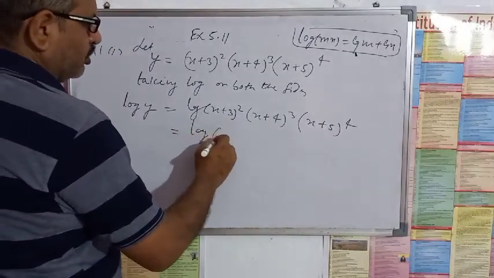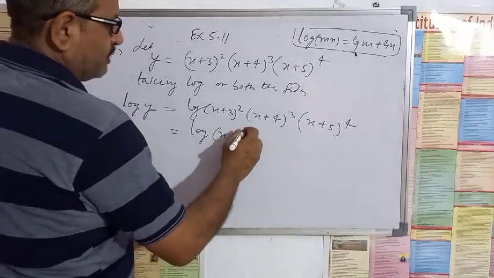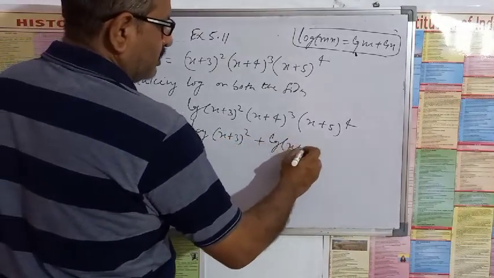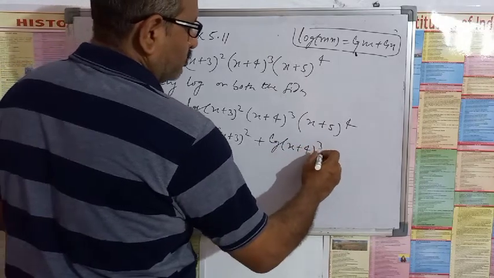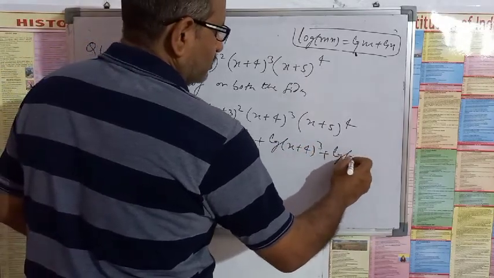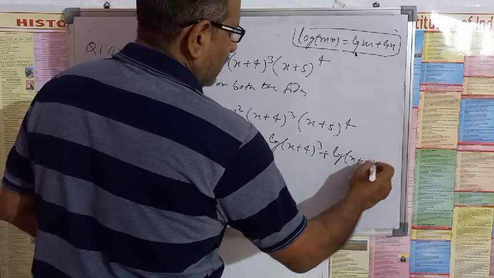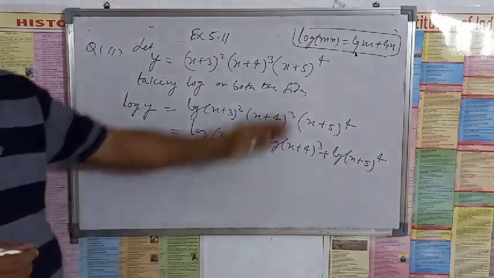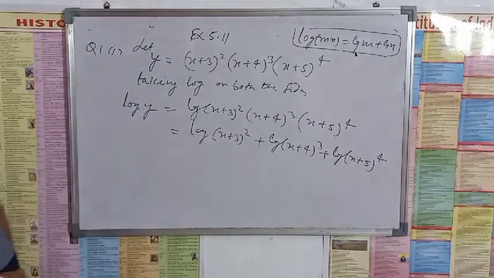So we can write log (x plus 3) whole square plus log (x plus 4) whole cube plus log (x plus 5) to the power 4, using the product rule of the logarithm.